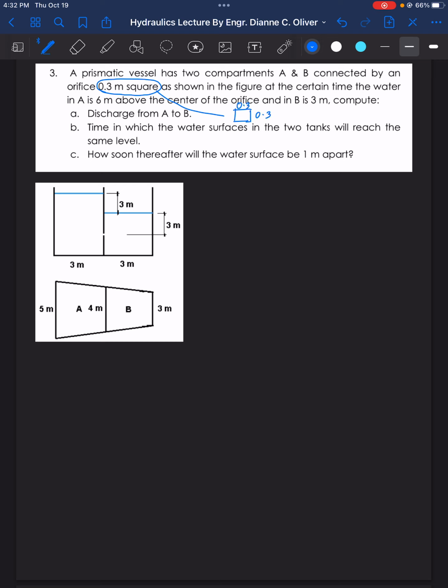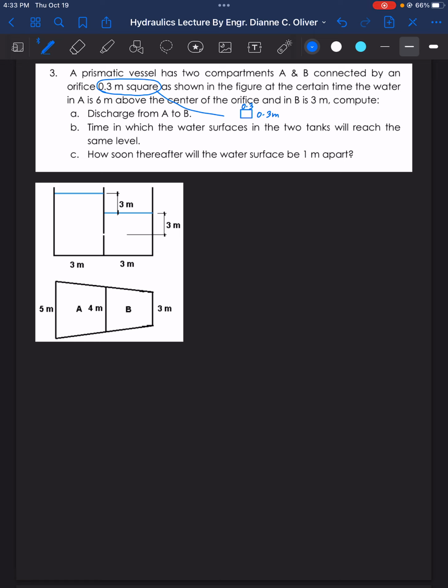That's the orifice. It's a square orifice given this dimension.